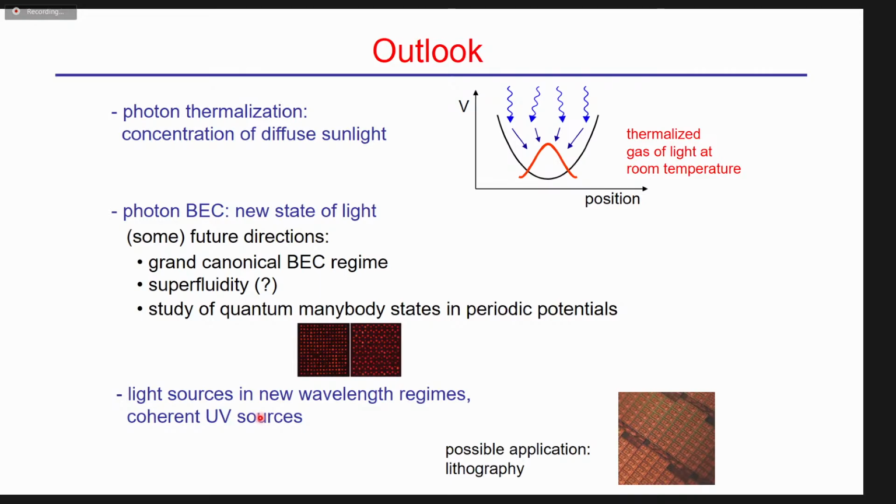In a condensate, you don't have to invert; the thermalization medium and spontaneous emission into a trap. So in principle, it could be easier to realize high frequency coherent sources. And if you succeed, an obvious application would be semiconductor lithography.